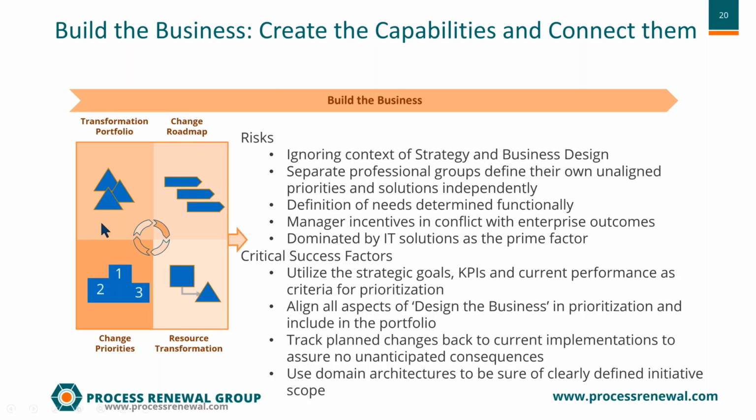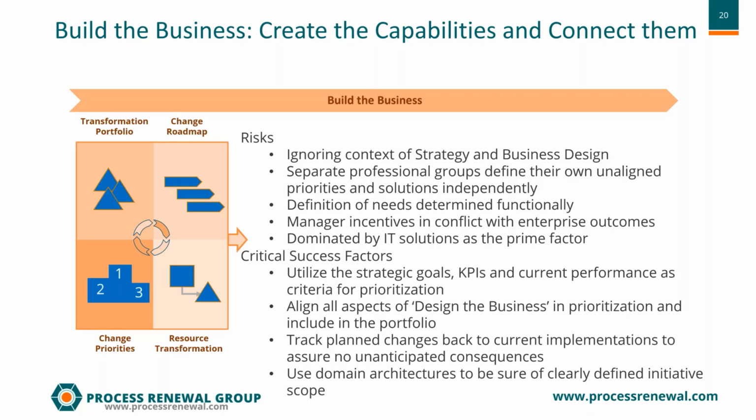From there, we can build a transformation portfolio, make sure we can actually schedule that out properly, and actually do the building of all the different domains, not just information technology, but including things like workflows, policies, rules, organization, skills, competencies, facilities, locations, information. All that stuff is part of the transformation. This is not an IT play in and of itself, even though if we get good business architecture, IT is going to be much better off.